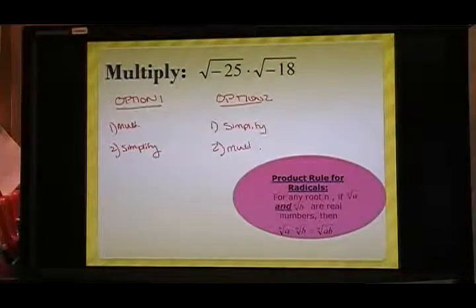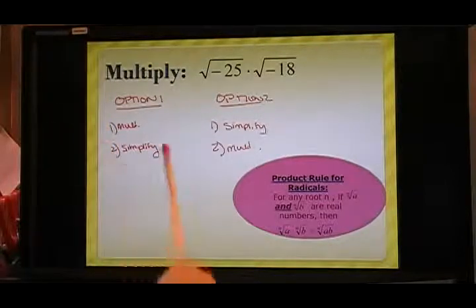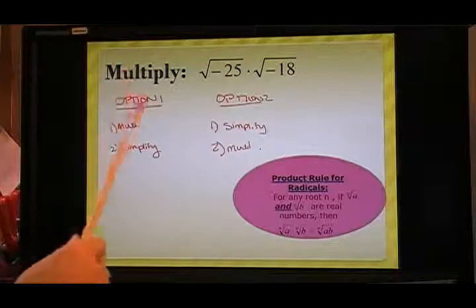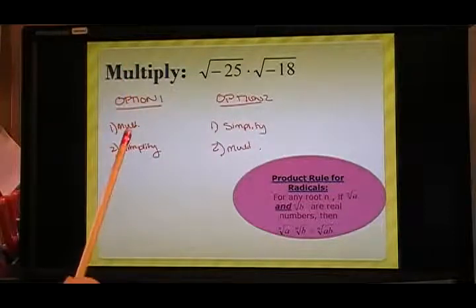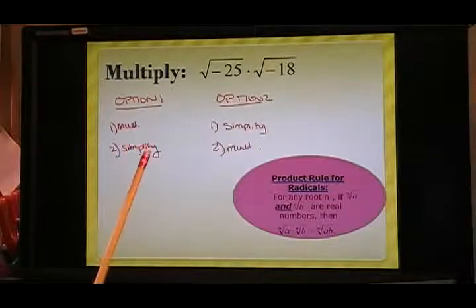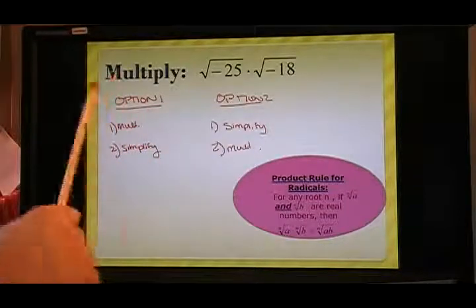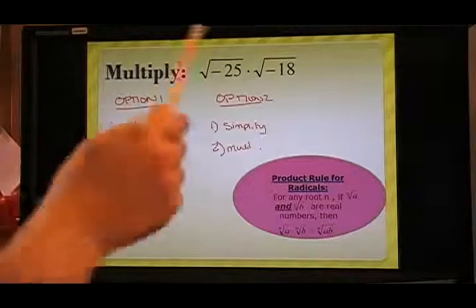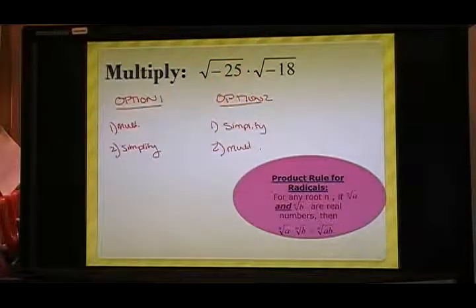And at the time, we said that most of the time it's going to be most beneficial for us to multiply together and then simplify. But there are some instances where this is not an option, and this is one of those instances.